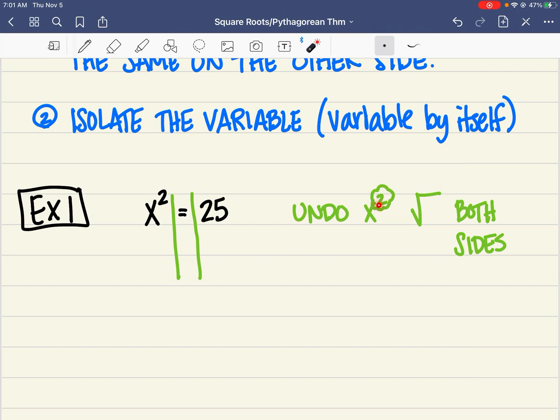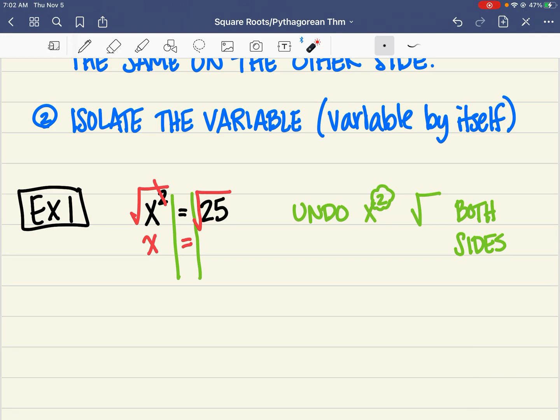That's what we talked about earlier this week. So that's how I can get x by itself. I would square root this and square root this. And what happens is the squares and the square roots kind of cancel each other out, and that just leaves you with x.